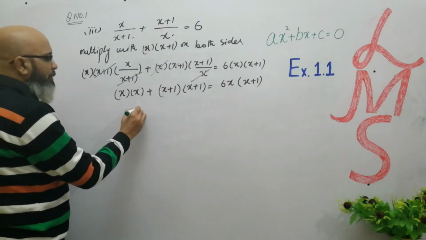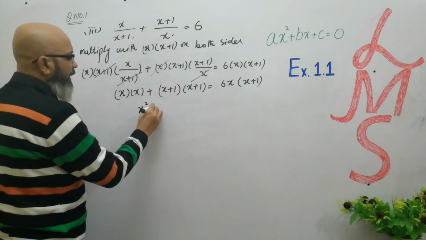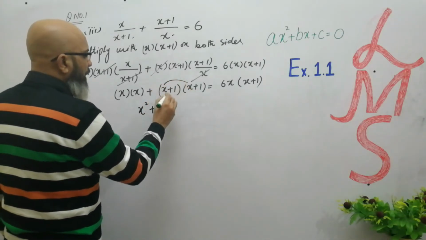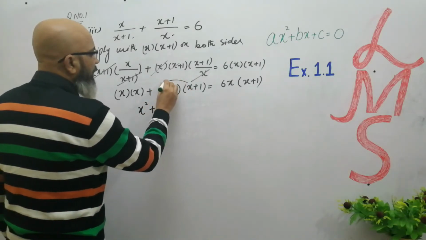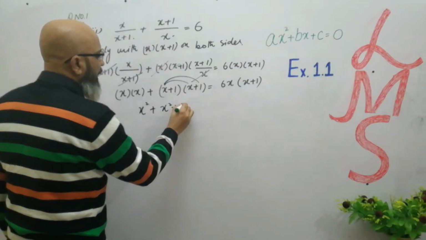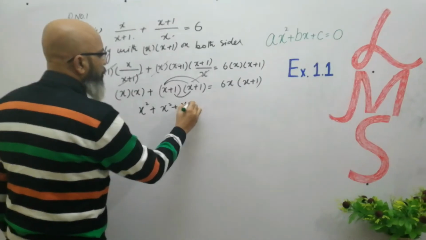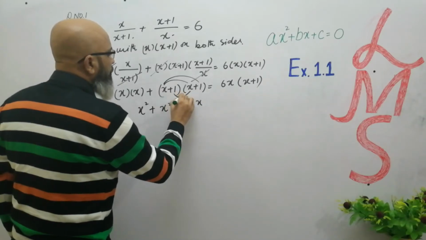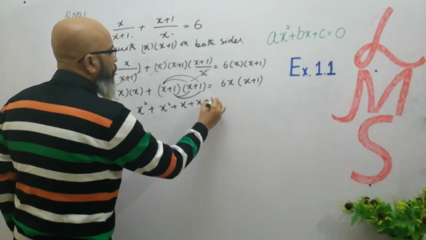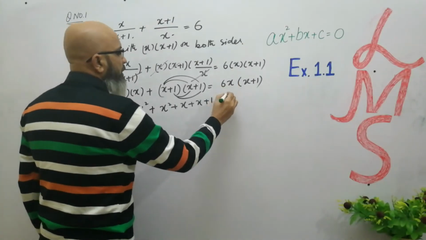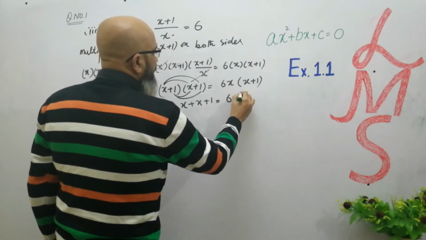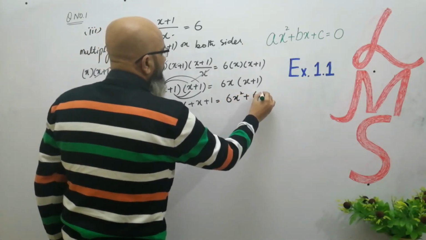सो मल्टीप्लाई करें, x को आपने x से मल्टीप्लाई किया, x स्क्वायर, x को आप x से मल्टीप्लाई करेंगे x स्क्वायर, x को 1 से मल्टीप्लाई करेंगे x, 1 को आप x से मल्टीप्लाई करेंगे x और 1 को 1 से मल्टीप्लाई करेंगे 1। 6x को आप इससे मल्टीप्लाई करें 6x स्क्वायर एंड 6x.